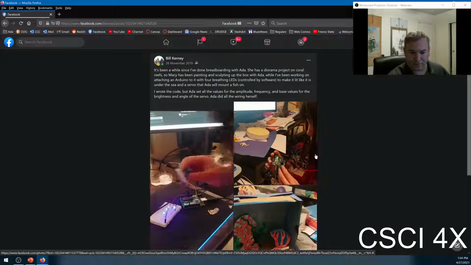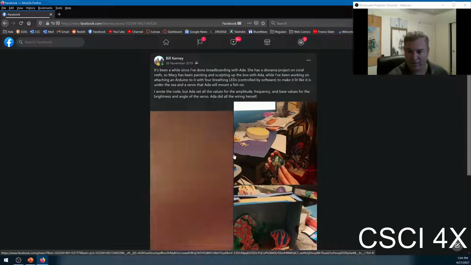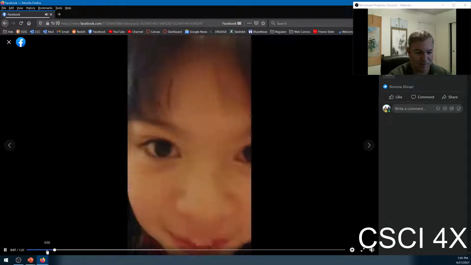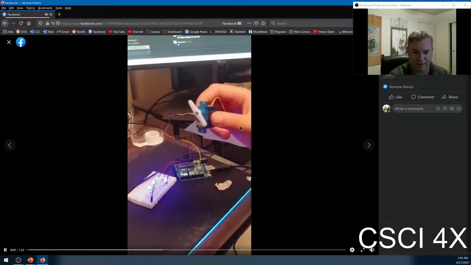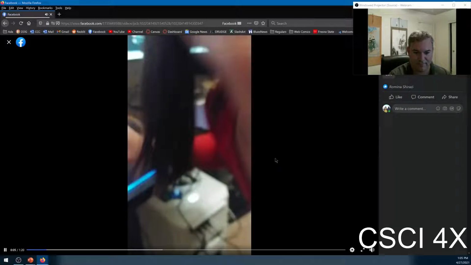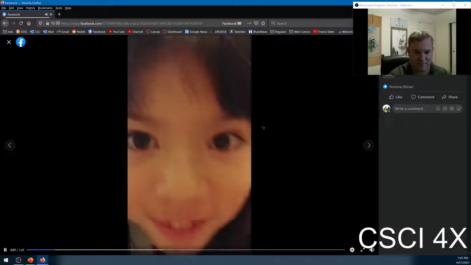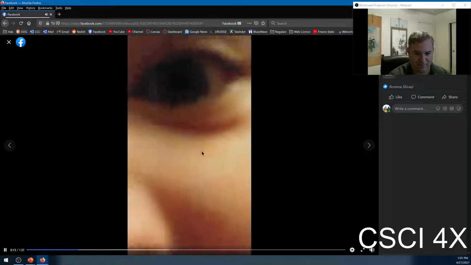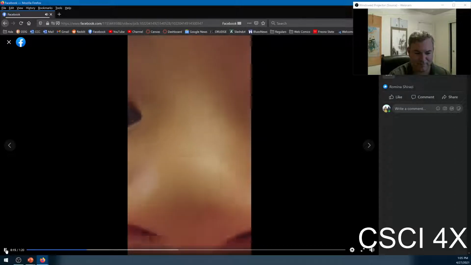All right. So here is 2nd grade Ada. We have, so your diorama is coming along nicely. We have a big nose. We have a servo. What is the servo going to be used for?